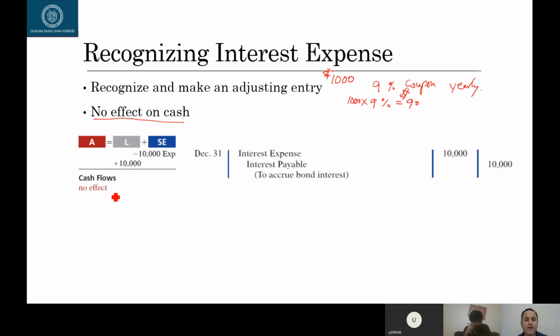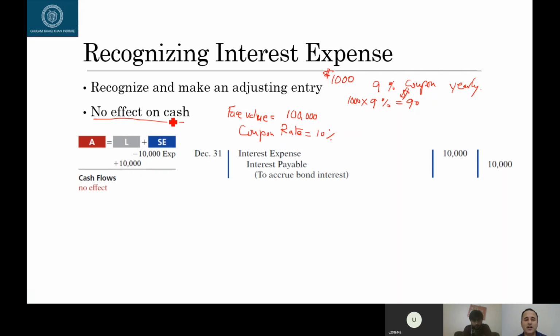For example, the face value of the bond in our example is 100,000, and the coupon rate is 10%. So 10% of 100,000 is how much? $10,000. Whenever a company recognizes an interest expense, how do they do it?